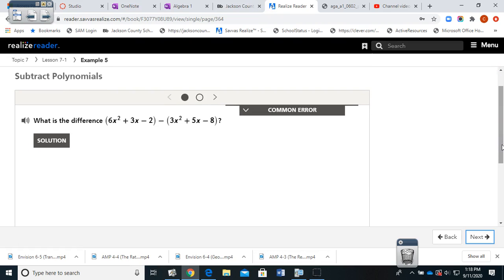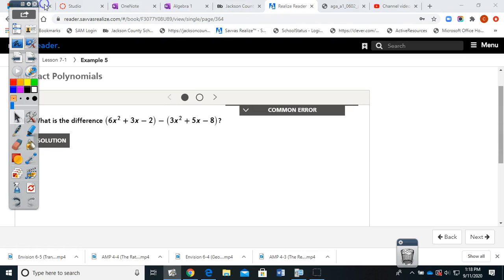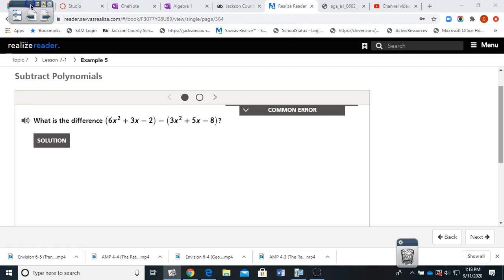Now, lots of teachers do this different ways. This is how I do it. I am a big fan of just adding. I like adding more than I like subtracting. Y'all kind of the same way? Okay? So, when I get a subtraction problem, I make it into an addition problem. I want you to understand what this is. It says minus, right? But what's actually out in front of this parentheses?